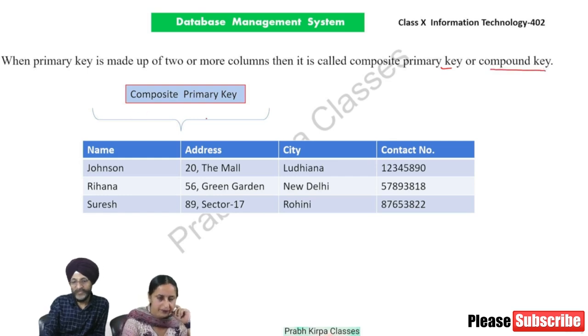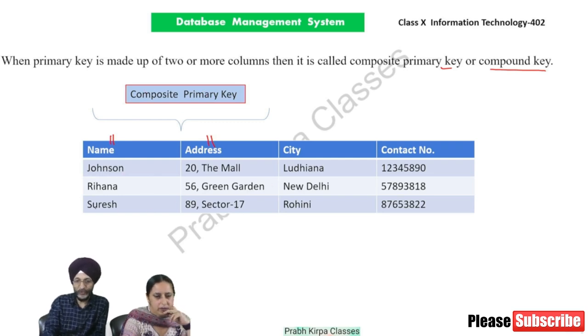As you can see in this figure, two fields, name and address, have been joined together to make the composite primary key.